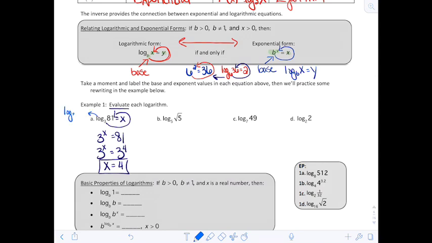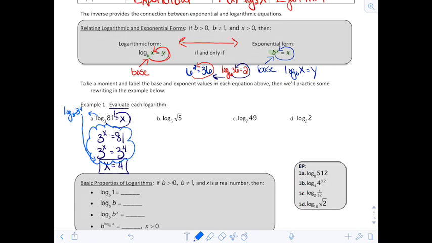We have log base 3 of 81, which is 3 to the 4th. Notice that our answer was 4, the exponent of the base. So you can kind of think of these as canceling each other out, and the power is what's left as your answer. And through doing this as we do these manipulations, we see why.